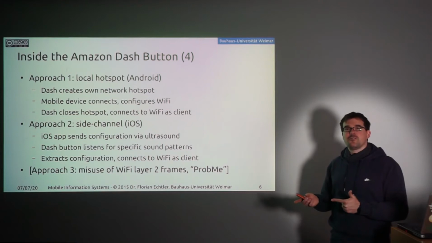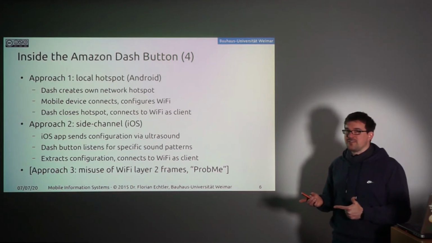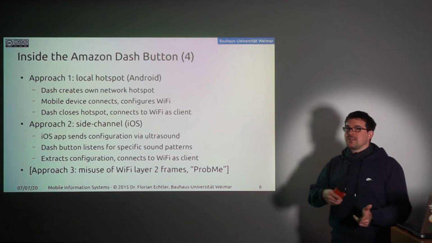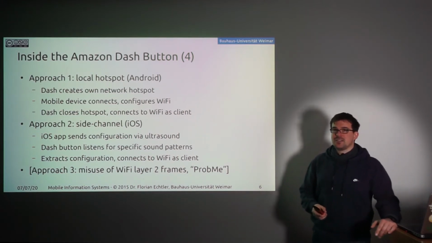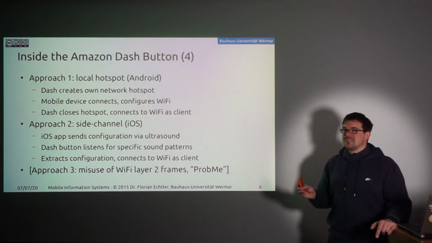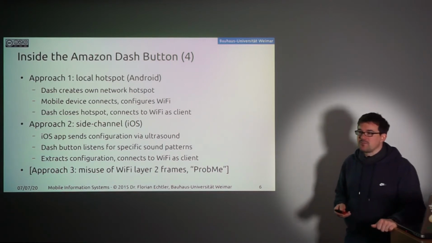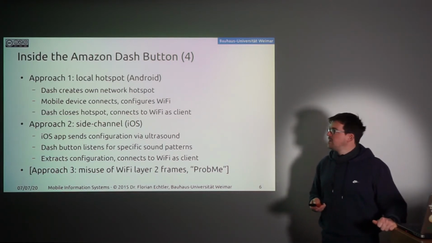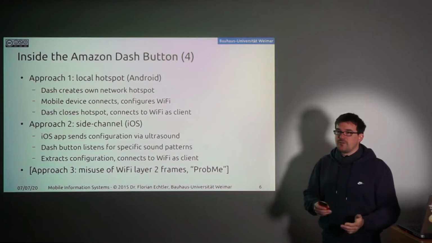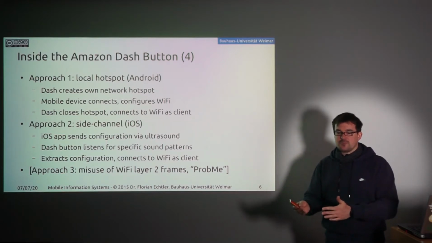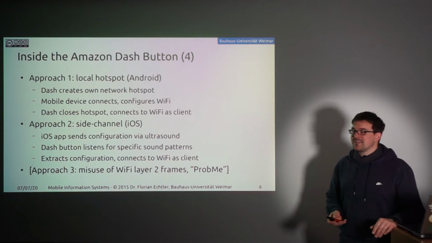But if your mobile phone has already detected that it doesn't have internet access via that hotspot, then it will not send the request to the hotspot on the IoT device, but rather to LTE. And that's a problem sometimes. So you have to fiddle around with the Wi-Fi configuration on Android from time to time to make this approach work. This is the easiest one because you don't need any sort of extra hardware in the device, just the Wi-Fi module, which is configured differently either as a hotspot or as a client.